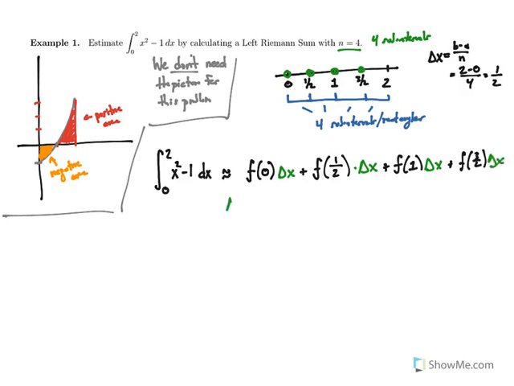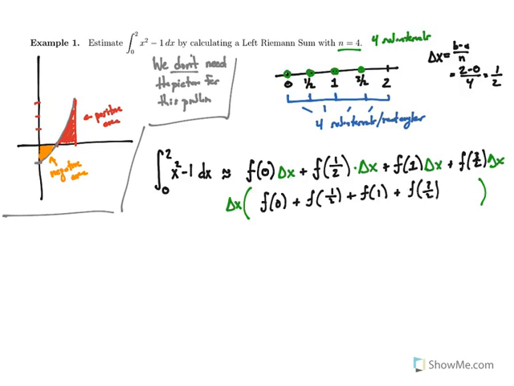And note that we could factor a delta x out of each of these, and we're left with f of 0 plus f of 1/2 plus f of 1 plus f of 3/2.